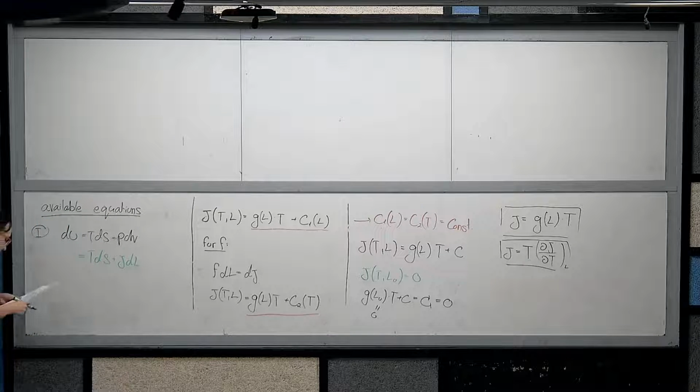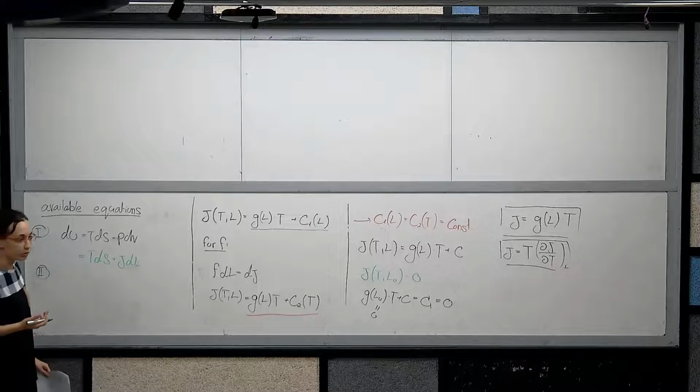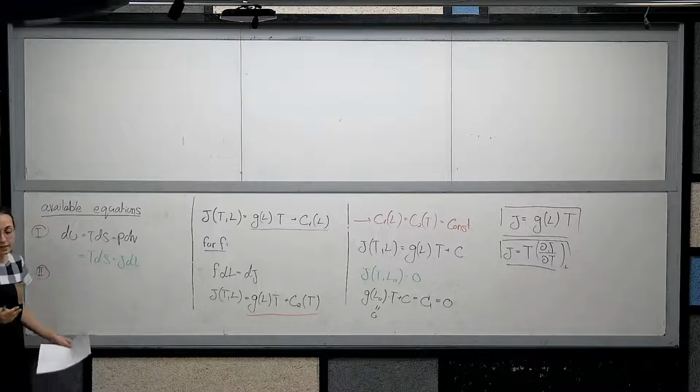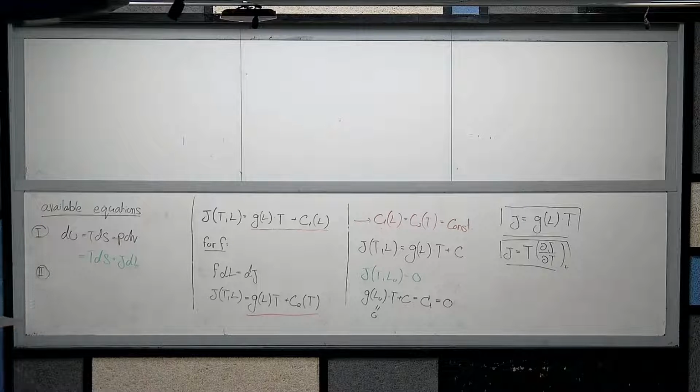Okay. Second equation, we pick the energy equation we want to use. So first is always the quasi-static equation. Second is another energy equation, either Helmholtz, or Gibbs, or the enthalpy.